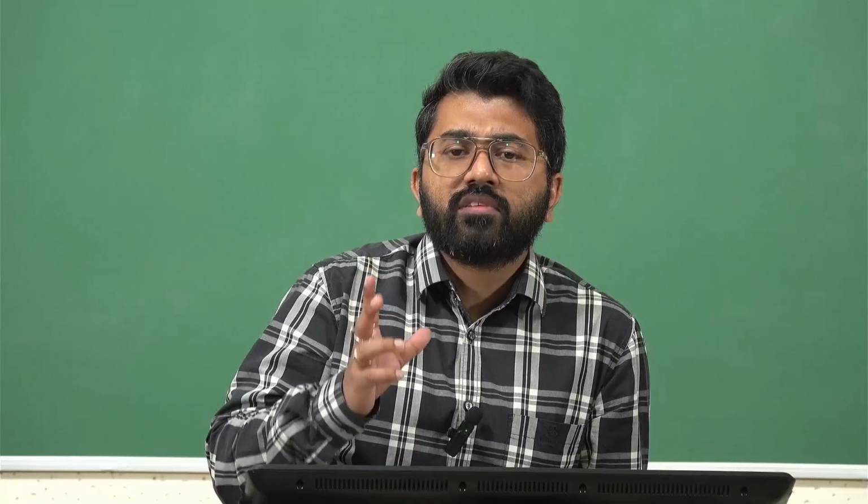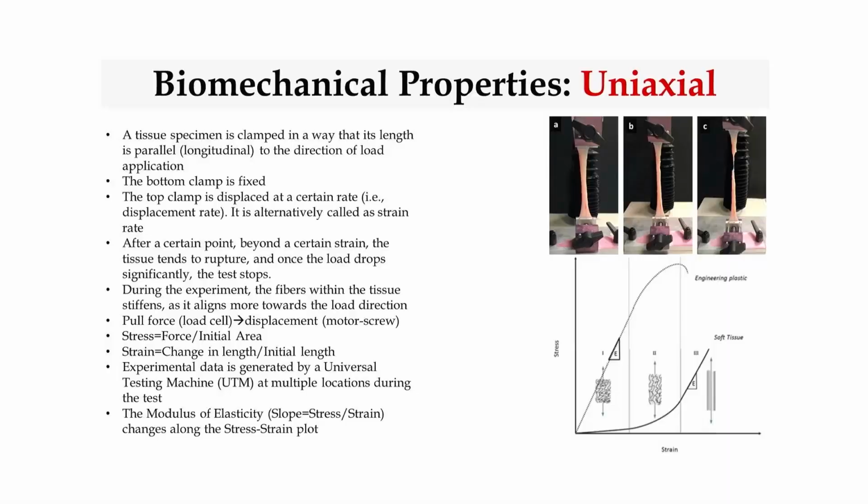For metal specimens, if you look at any mechanical characterization studies, they're usually in the shape of a dog bone, and that's there for a reason. This is for a nice and uniform stress distribution. So the tissue specimen which you get in the form of a rectangle is typically clamped in a way that its length is parallel or longitudinal, these are interchangeable terms, to the direction of the load application.